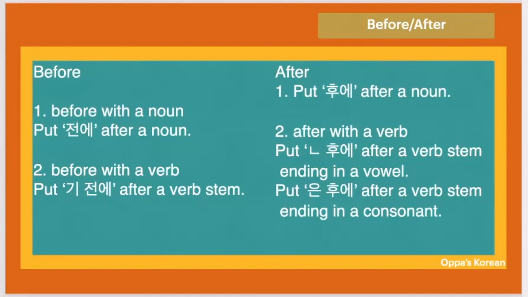If you want to use after with a verb, then we have two ways depending on the verb stem ending with a vowel or a consonant. If the verb stem ends with a vowel, you put ㄴ 후에 after the verb stem. If the verb stem ends with a consonant, you put 은 후에 after the verb stem.